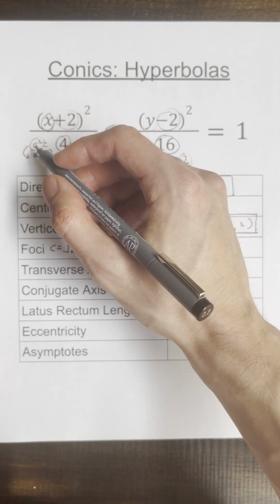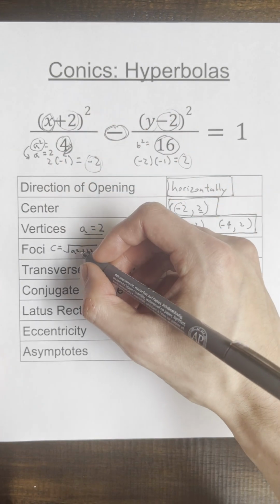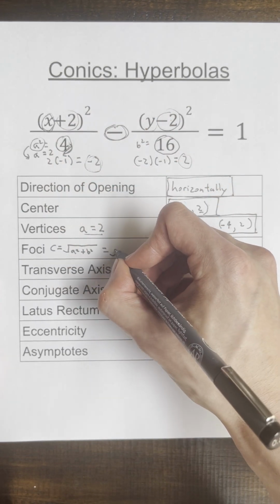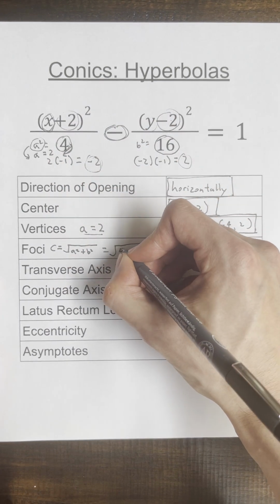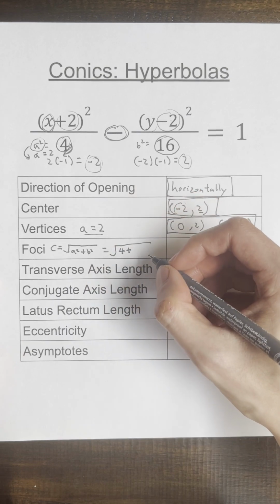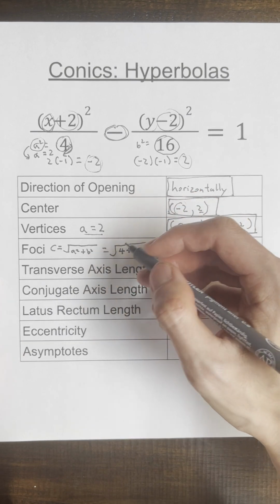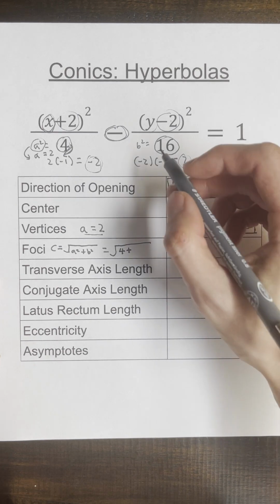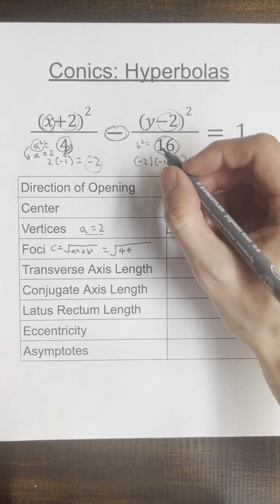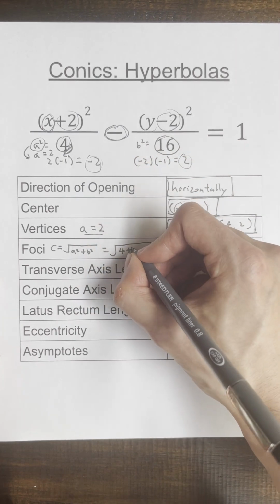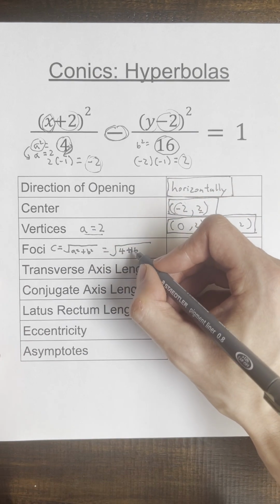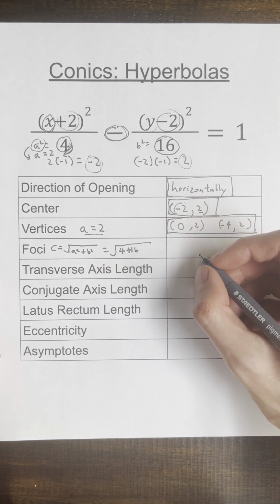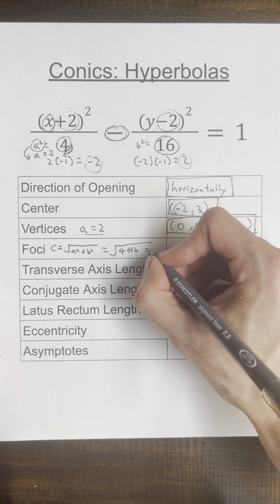A squared is equal to 4. So let's go ahead and change A squared to 4. And what should we change B squared to? B squared is equal to 16, so we need to change it to 16. What's 4 plus 16? 20.